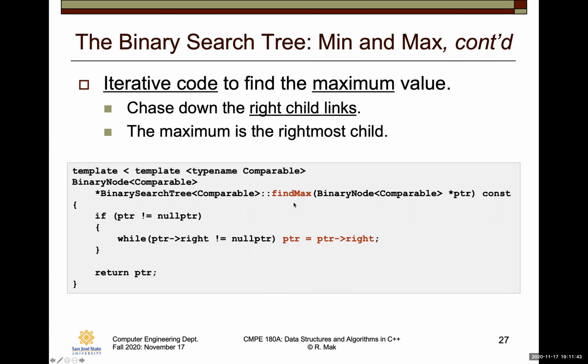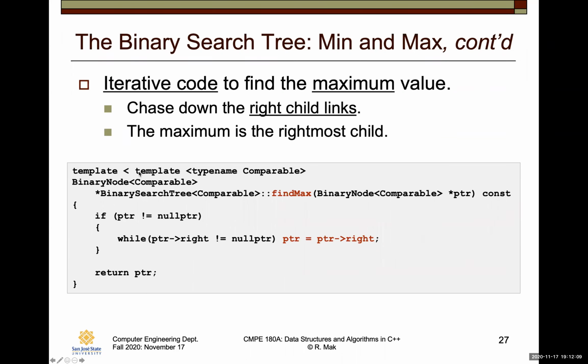Now we pass find max a pointer that says, start looking at this particular node to find the max. And then of course you can see that find max is itself a template class. Okay, this doesn't look right.